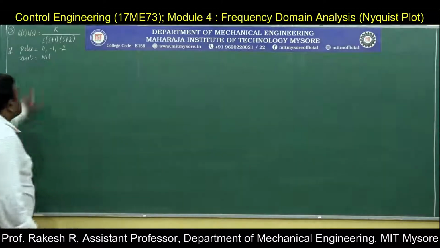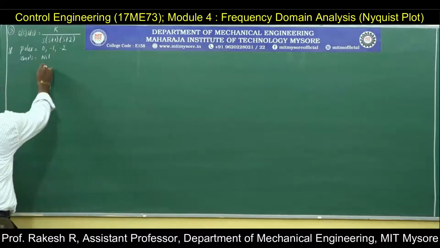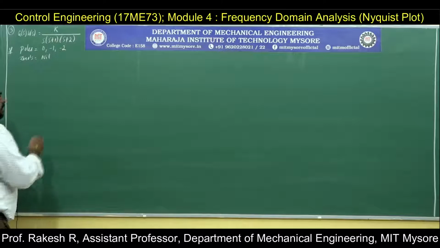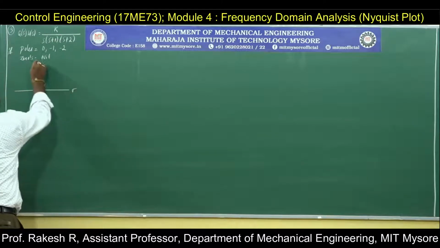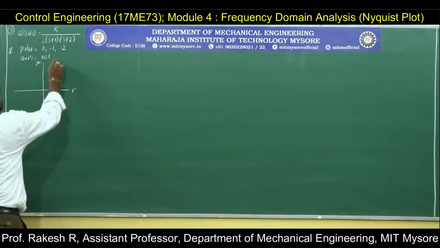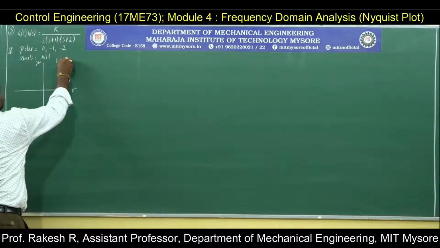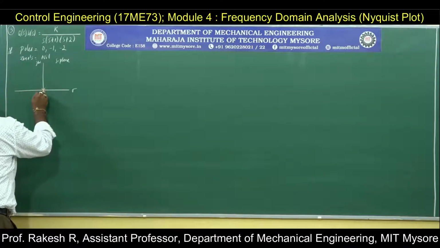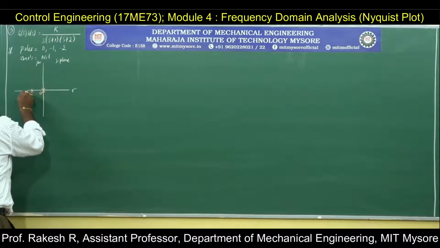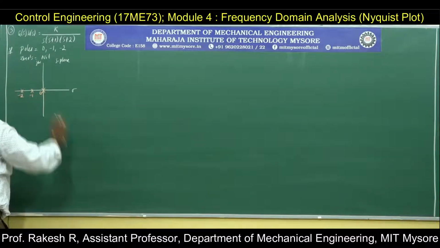Let us plot. So here the case is there is a pole at origin. So this is a real axis and this is an imaginary axis and this is the s plane. First I will locate the poles. So there is a pole at origin, a pole at minus 1 and a pole at minus 2.